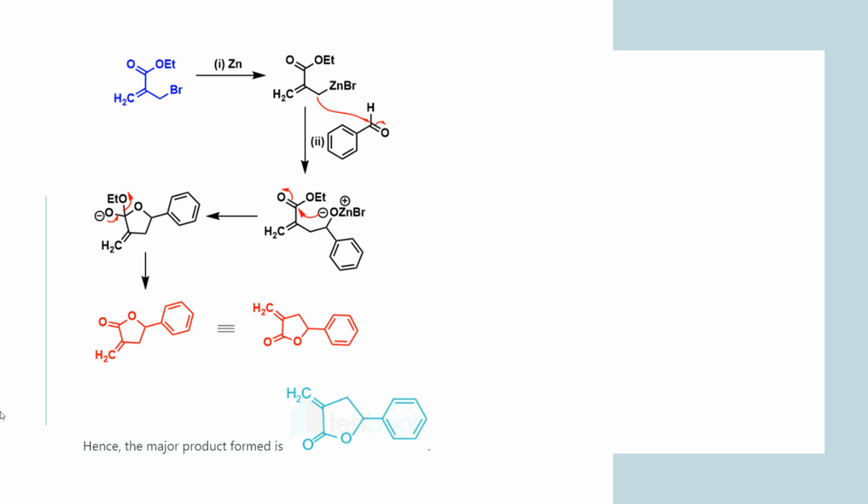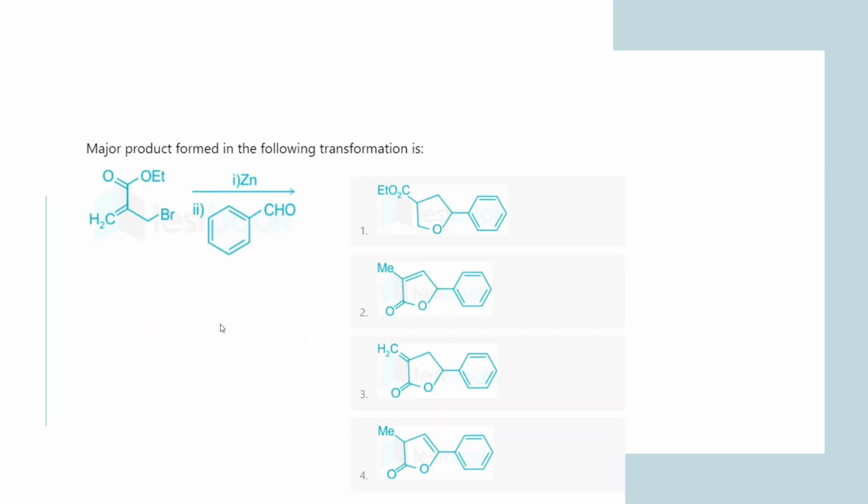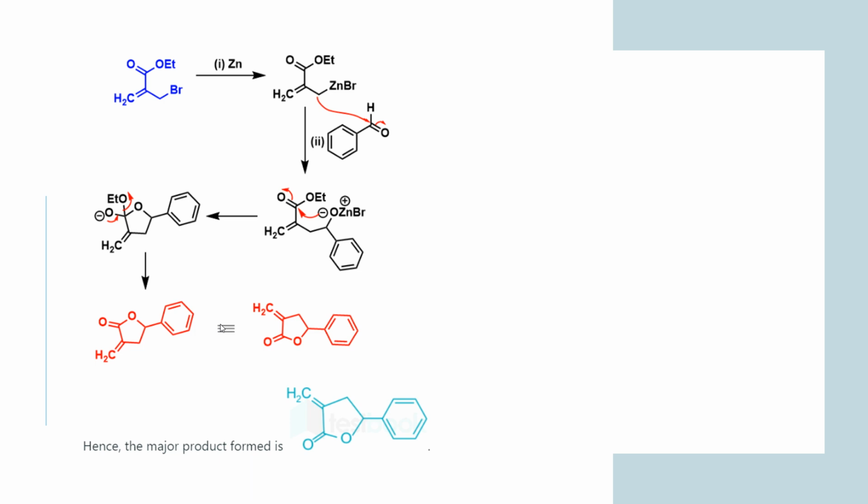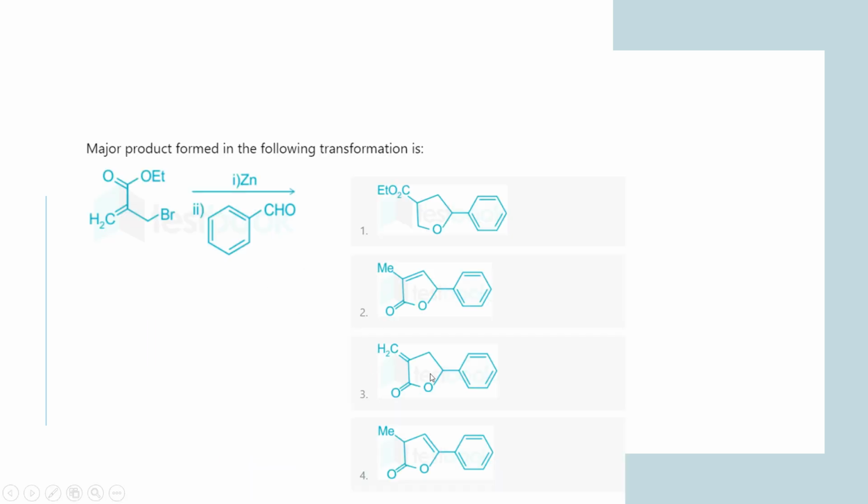Okay, so thus you get this lactone moiety as the major product in the reaction, and if you look at the options given, you will get option 3 as the correct product.